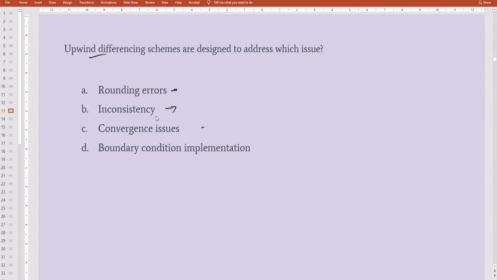Consistency is a condition for a good solution. In our fifth week lectures, it is there. Consistency is one of the conditions for a good solution. Consistency gives how much the discretized equation is in agreement with the partial differential equation.